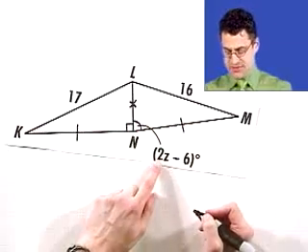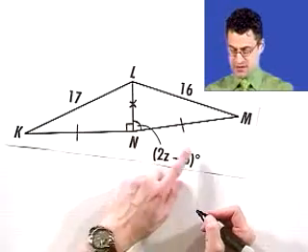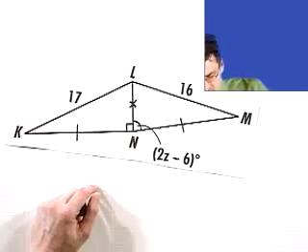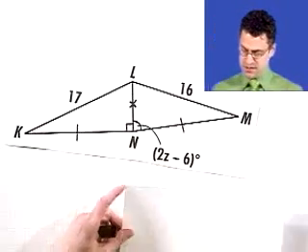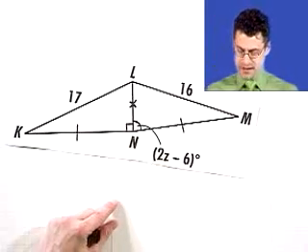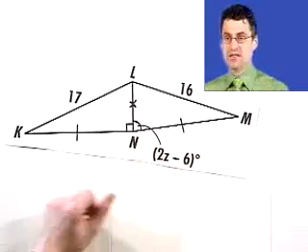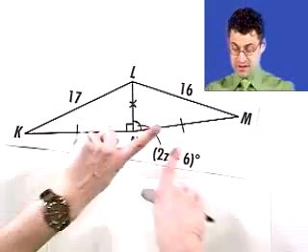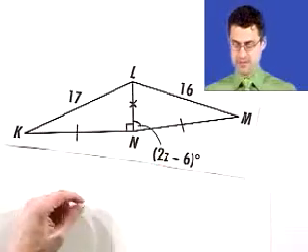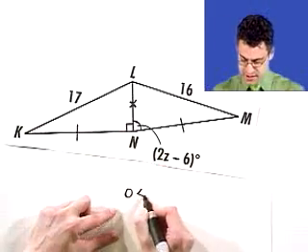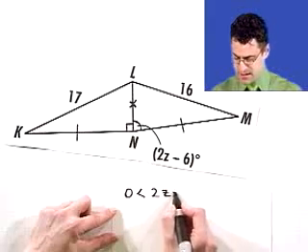I'm writing its measure as 2z minus 6. So the measure is 2z minus 6. And I want to know what's the smallest and what's the largest that angle can be. Well, there's a couple things that we can do here that are sort of silly. The silly thing is that we know that that angle has to be positive because it's the angle of a triangle, and so it has to be greater than 0. So I know that 0 is less than 2z minus 6.